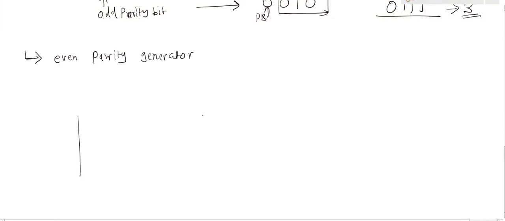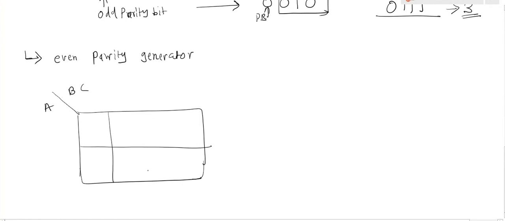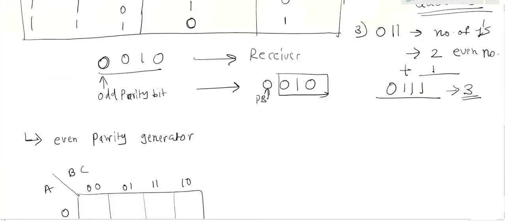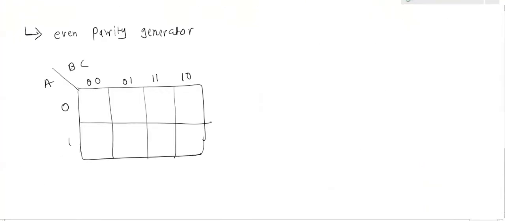Three variable K-map. A, B and C. 0, 1, 0, 0, 0, 1, 1, 0 and 1, 1. After plotting the even parity bit column 0, 1, 1, 0, 1, 0, 0, 1 on the K-map, now the K-map will look like this: 0, 1, 1, 0, 1, 0, 1, 0.